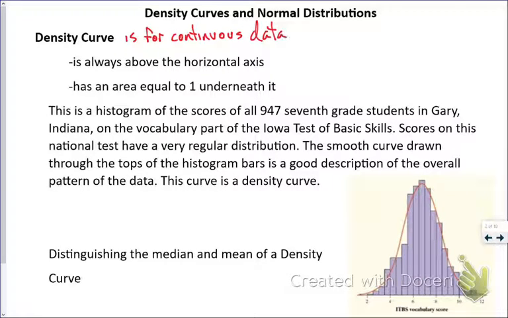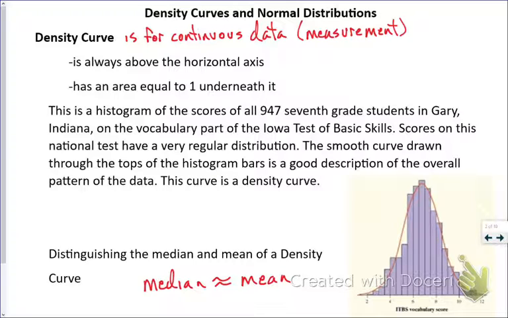An easy way to distinguish continuous from discrete is we're talking about measurements of some sort. These are scores, a measurement of how these 7th grade students did on a test. And anytime you have a symmetrical graph, you know the median is approximately equal to the mean.